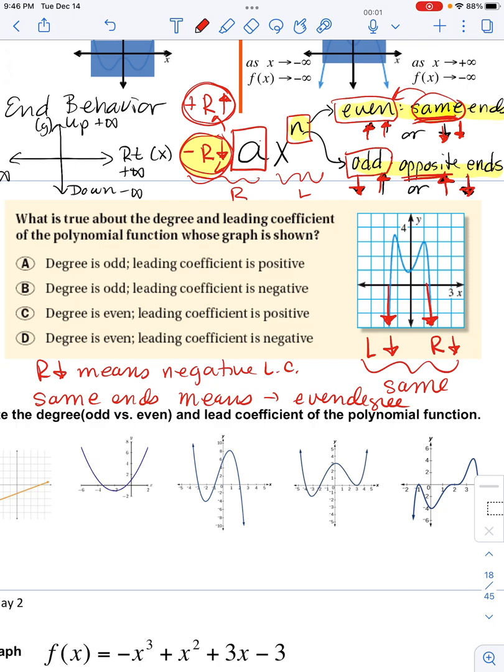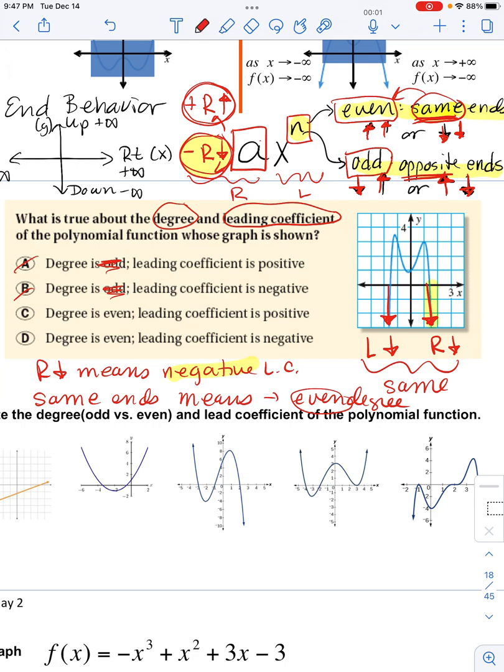So as you go through here, it says, what is true about the degree and the leading coefficient? So I've already kind of thought it through. I've decided that my degree is even, so it's not this or this. And then I also have decided that my leading coefficient must be negative in order for the right side to fall.